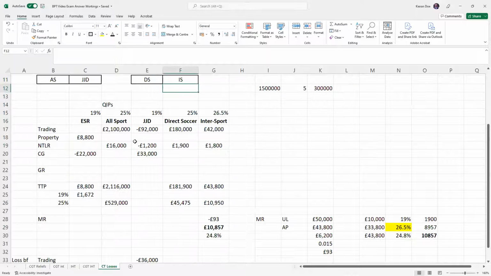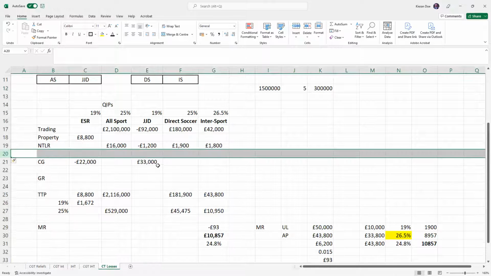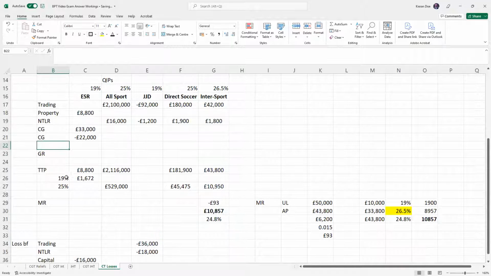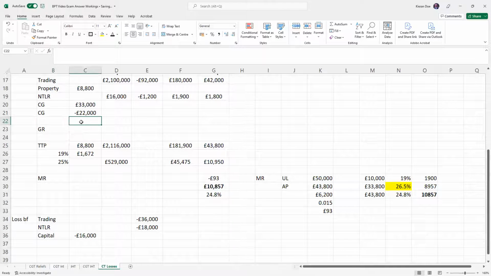And of course, we can see how that works. What we would effectively be doing is moving this gain into here. So ESR would have a gain, but they've got this capital loss brought forward of the 16k, and in fact they won't even be able to use it all, because there's only 11k of a gain. It will leave some capital loss brought forward.